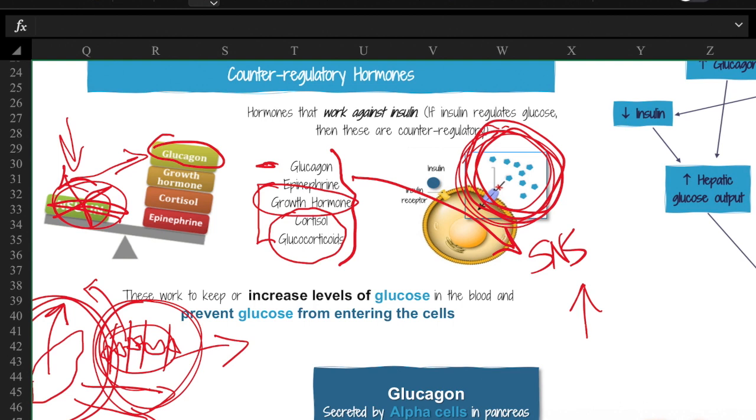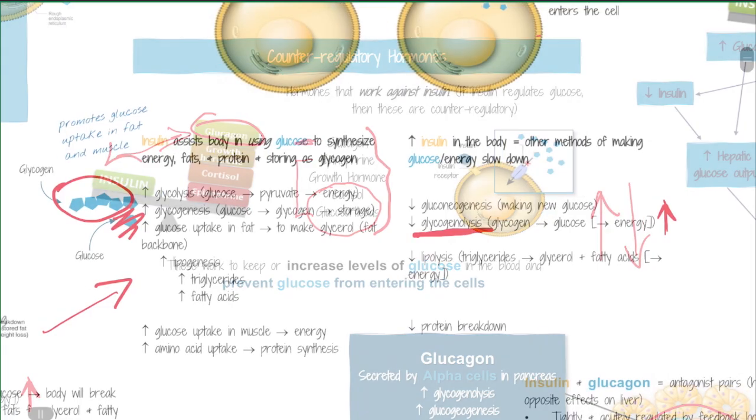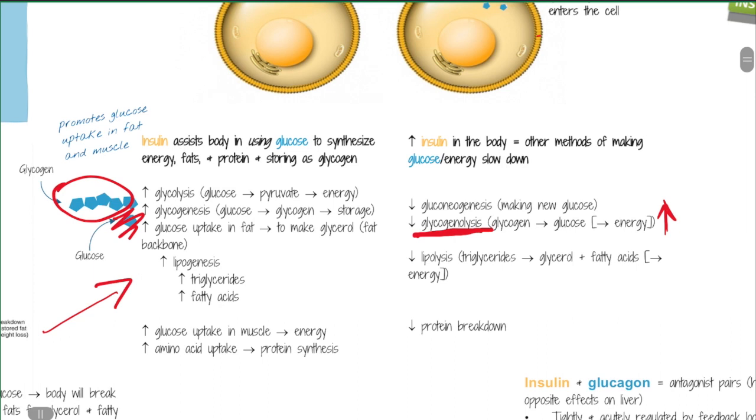So if you just think about these counter-regulatory hormones as hormones that want to keep glucose in the blood, then if you look back down at this list we talked about earlier, they're going to do all of the things that are going to increase glucose in the blood.